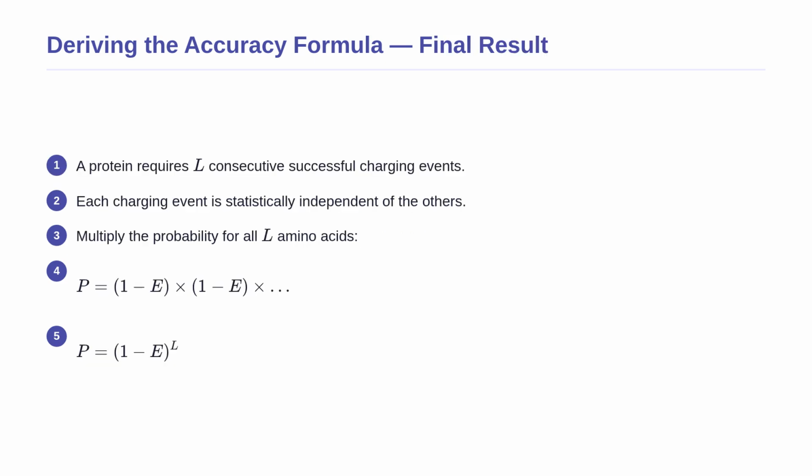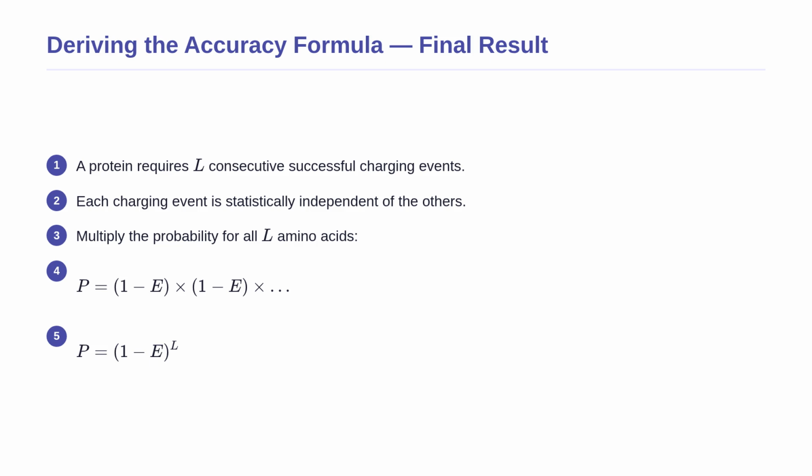Continuing from our single event, we now extend this logic to the entire protein chain. A complete protein requires L consecutive successful charging events. A crucial biological fact is that each charging event is statistically independent. The enzyme does not remember its previous mistakes. In probability theory, to find the likelihood of multiple independent events all happening successfully, we must multiply their individual probabilities together.